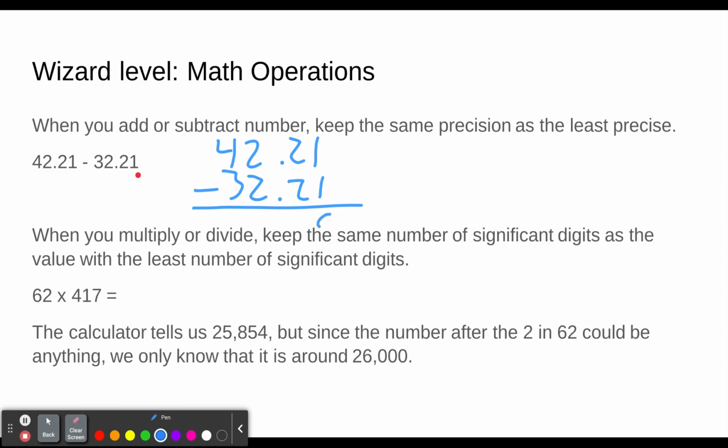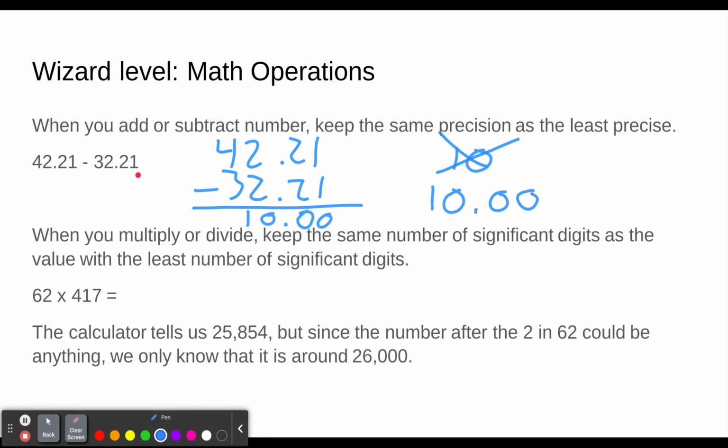So 1 minus 1 is 0, 2 minus 2 is 0, 2 minus 2 is 0, 4 minus 3 is 1. Okay, so if you wrote 10, you would be incorrect because you measured more carefully than that. You know it's actually 10.00.